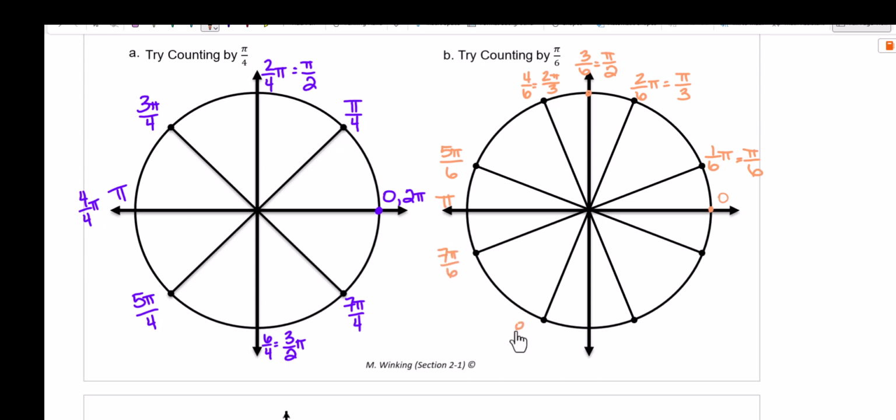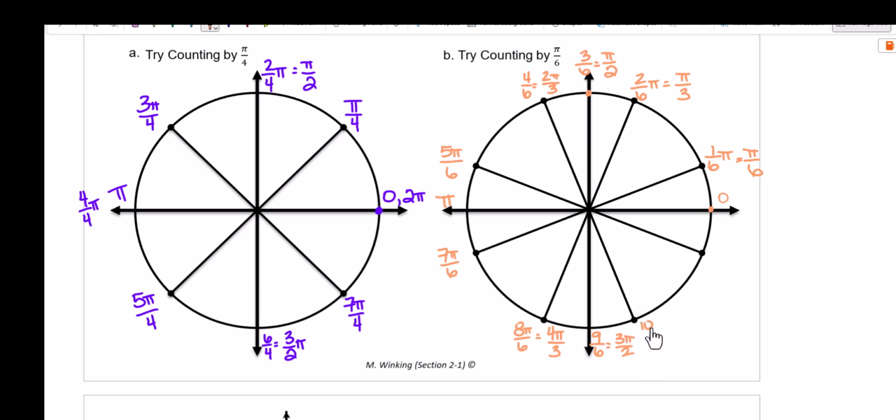This would be 8 pi over 6. That can reduce to be 4 pi over 3. This would be 9 over 6, but that is 3 pi halves. Now, notice I get the same number again. So 3 halves pi times whatever the radius is going to give you 3/4 of a circle.